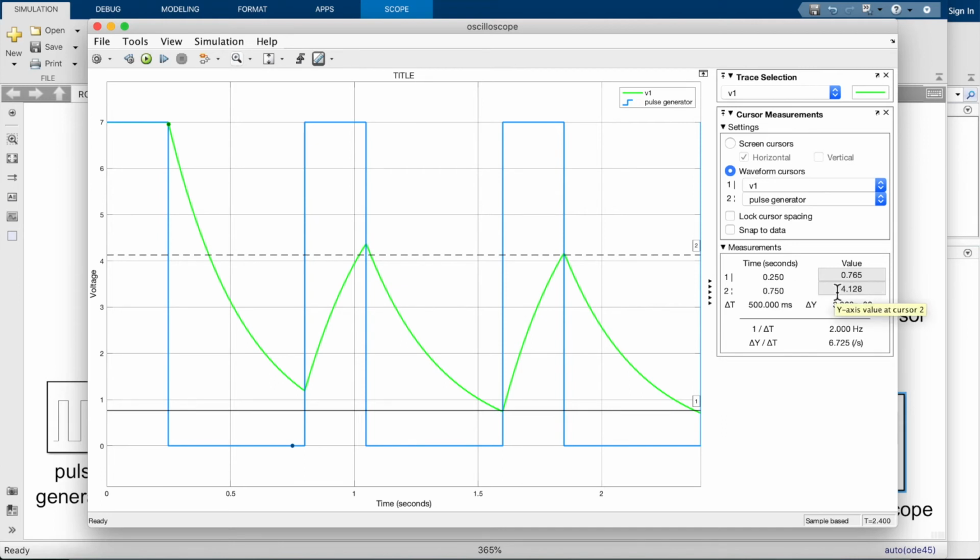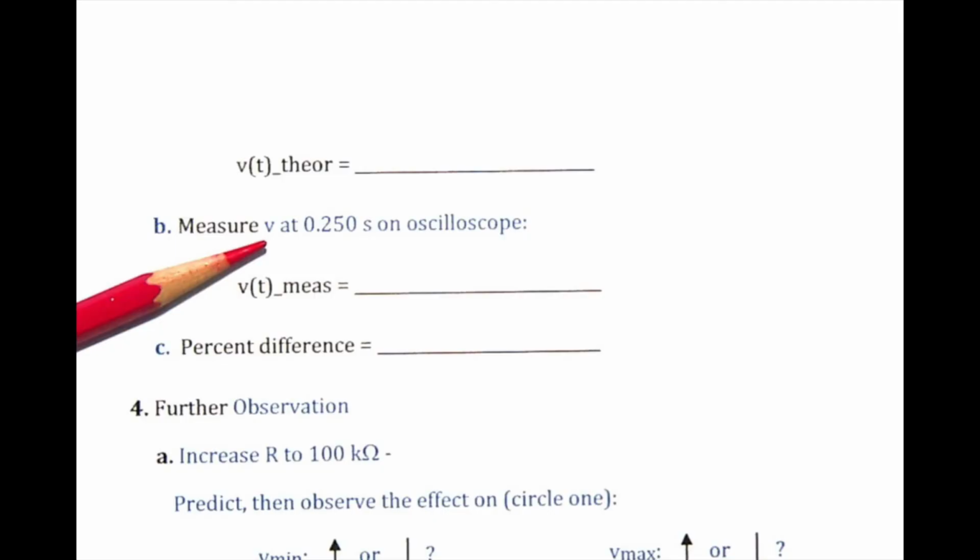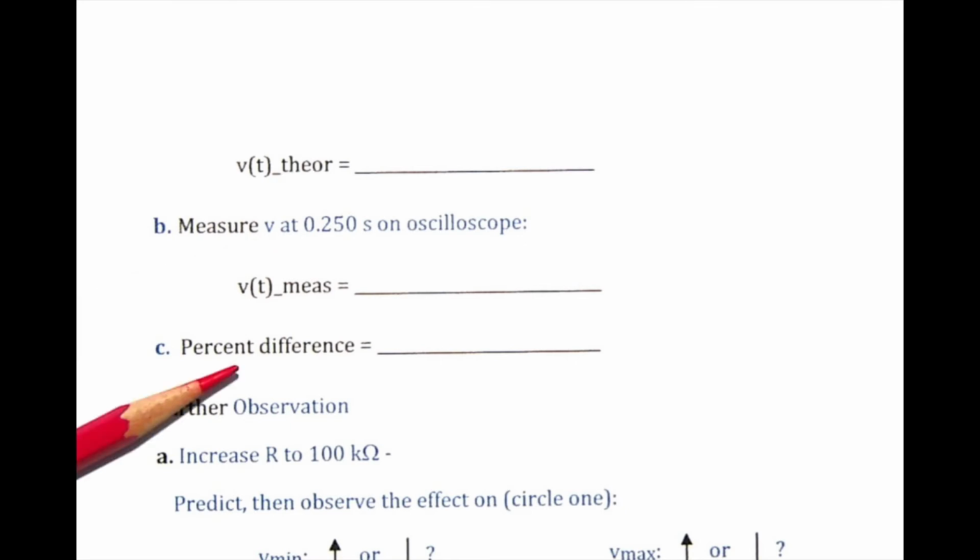And for my particular values, that's 4.128 volts. Your value, of course, will be different because you have a different resistor and capacitor values. Put that down for the measured value of V after 250 milliseconds. And then finally, calculate the percent difference between your theoretical value and your measured value.